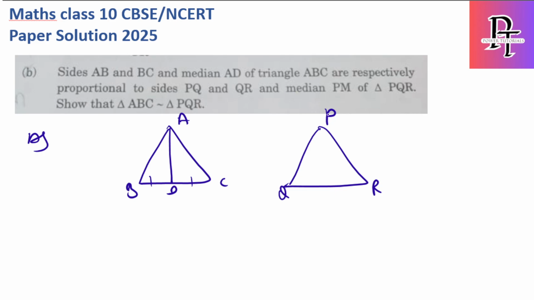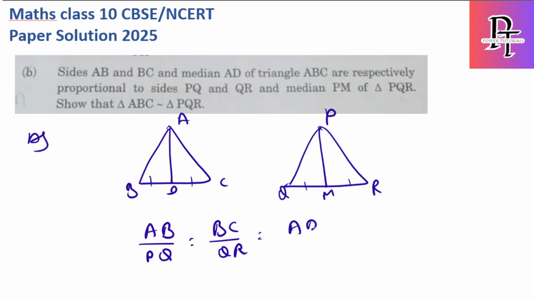In the second one, PM is the median and these two are equal. They have mentioned AB by PQ is equal to BC by QR is equal to AD by PM. This is given.